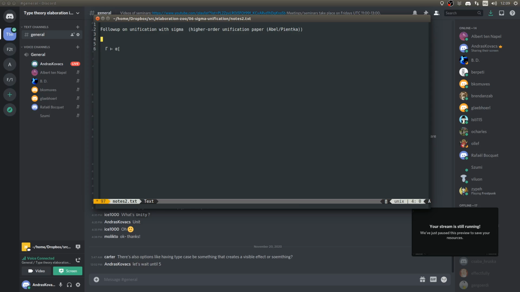Okay, so let's use this alpha for a meta variable, and then the problem is that alpha is substituted with some spine, then we want to unify it with some terms. Now this is a bit of a simplification, because alpha is not a closed function, but rather a contextual meta variable, so alpha lives in some delta context. So this is the situation.